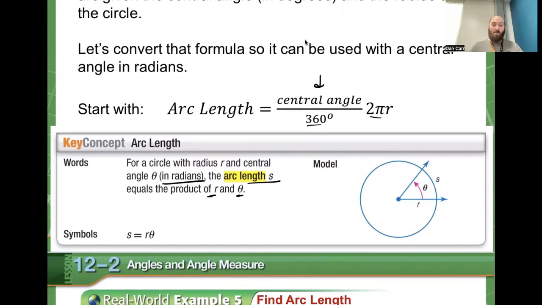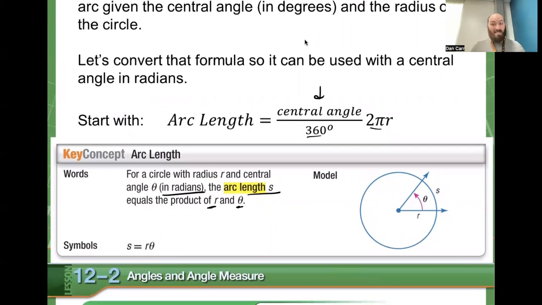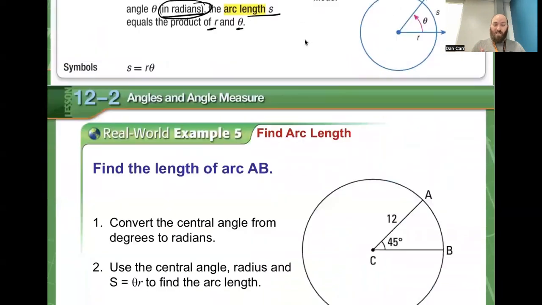So we just simply have to multiply the two things together. You don't have to worry about doing a central angle over 360. It's just radius times theta. But again, it has to be in radians. So either you convert first or they give it to you.